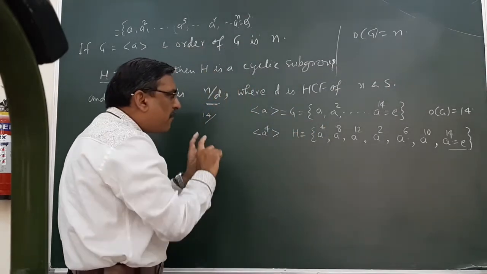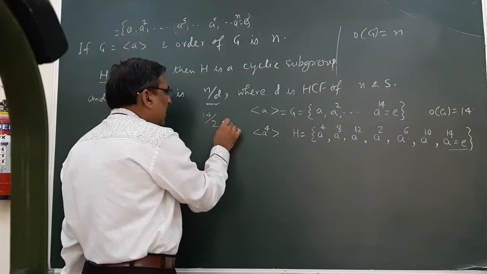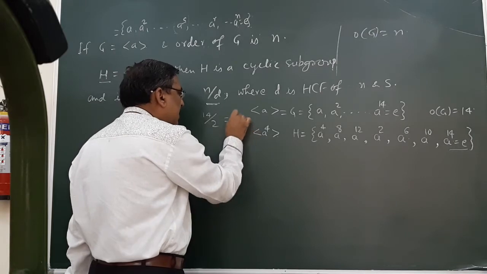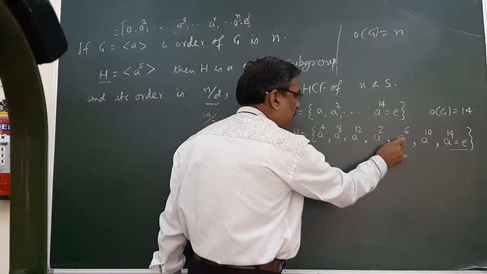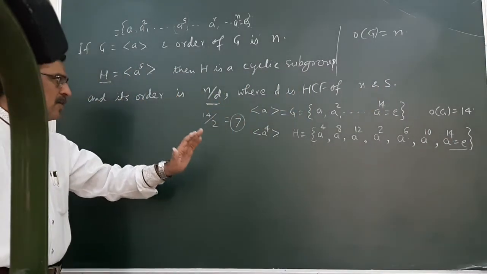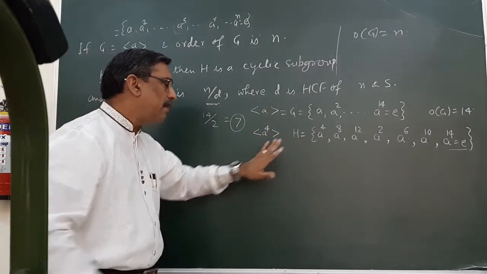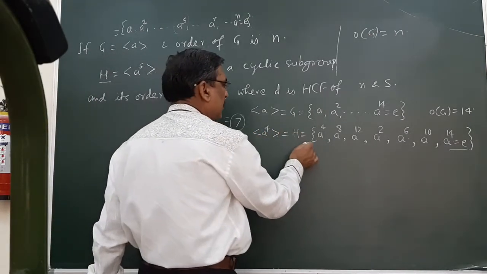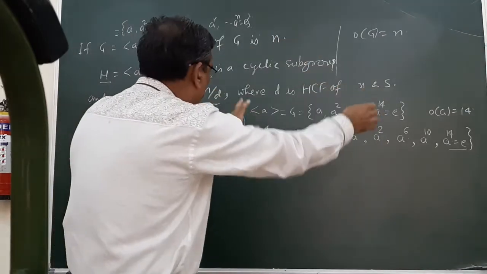So the HCF of 14 and 4 is 2. So there appear only 7 elements in this. We can see 1, 2, 3, 4, 5, 6, 7. All the 7 elements are there. So the order of H is 7. This is the result of the theorem.